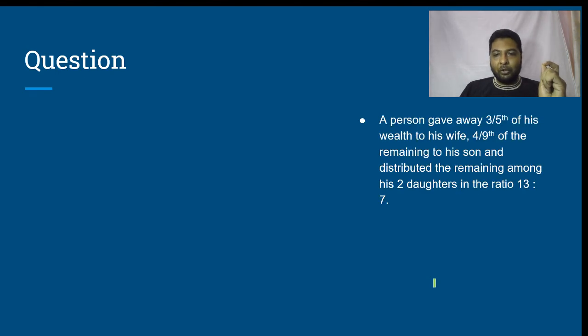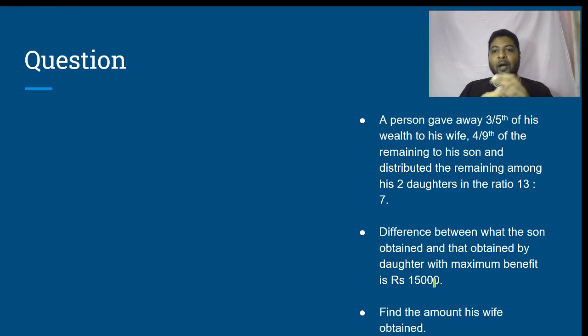Now, let us take a look at this question. A person gave away 3/5 of his wealth to his wife, 4/9 of the remaining to his son, and distributed the remaining among his two daughters in the ratio 13:7.